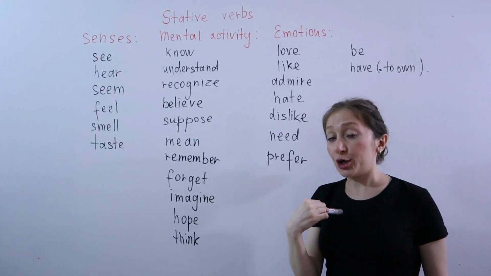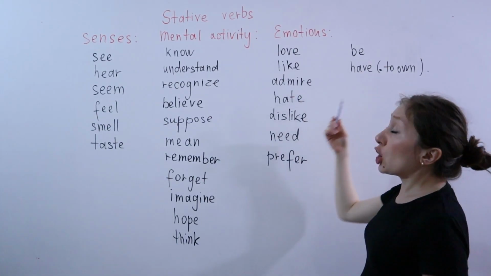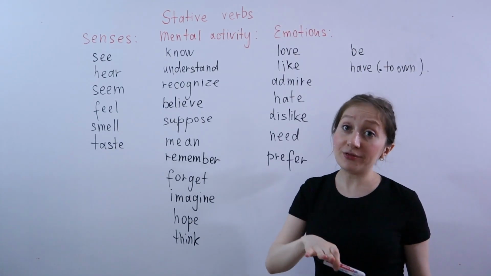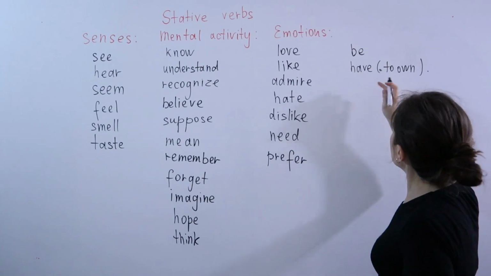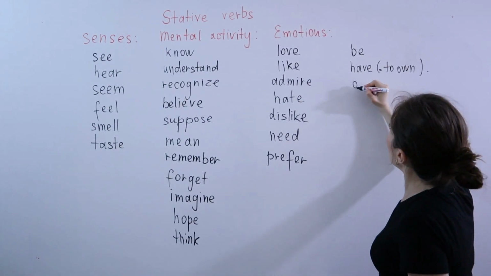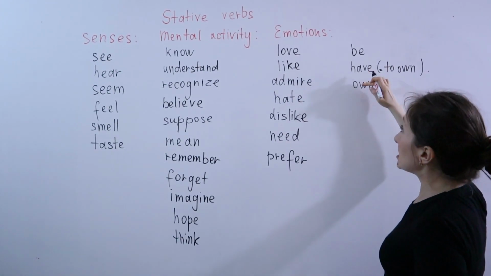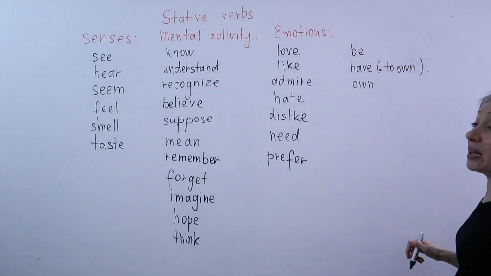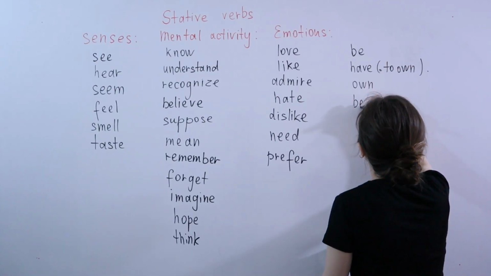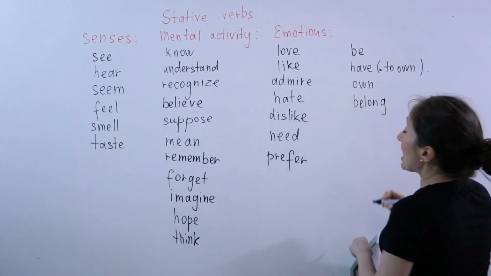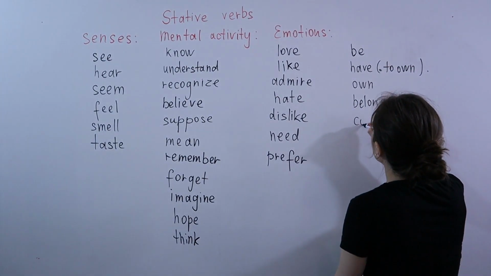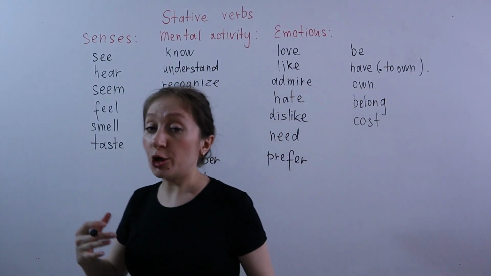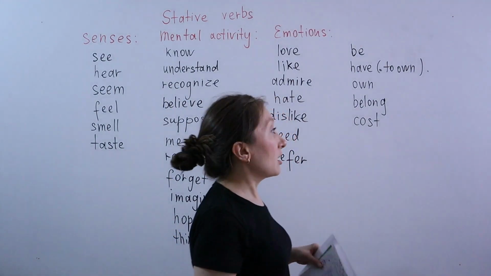I have a marker. It's my marker. I own a marker. I have a friend, right? Next, the same verb, I will write it here, own, which is the same as the verb to have, right? Next, belong, and cost. Very popular verbs that are used in everyday conversations.